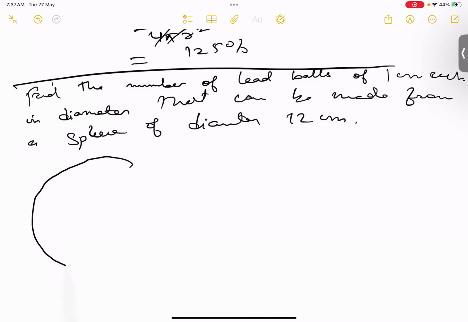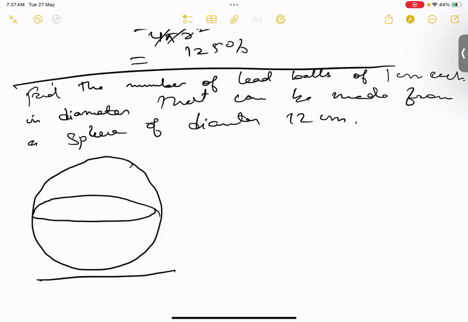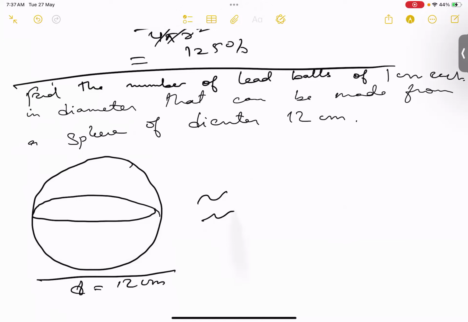Now we have a very big sphere. These are the raw materials, having a diameter of 12 centimeter. And using this sphere of material, we'll convert it into a number of small spheres.